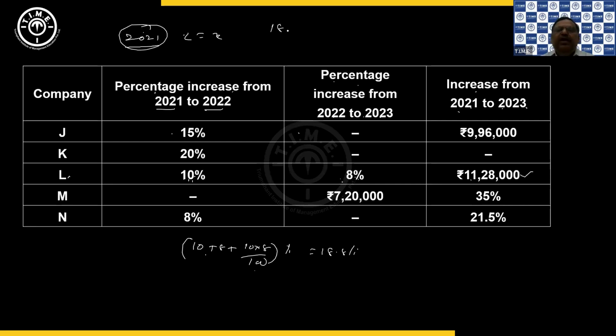Let's find out 18.8% of X equals 11,28,000.